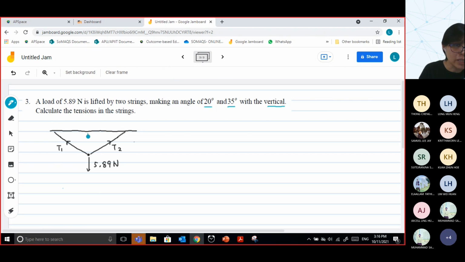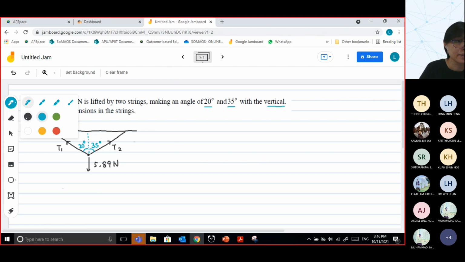So that means the first one is 20 degree and the second one is 35 degree. So this is the problem given. So for this case, this is actually in the static equilibrium.